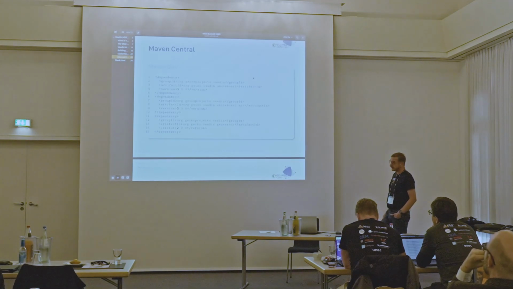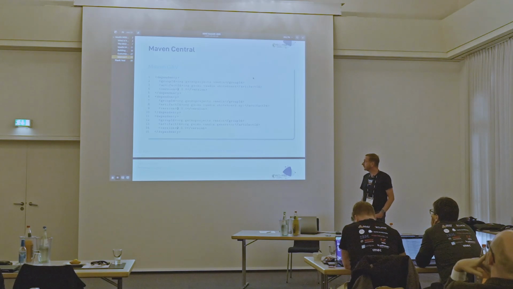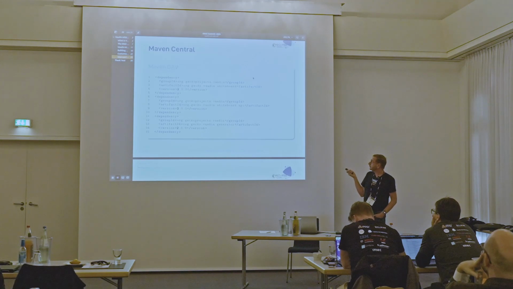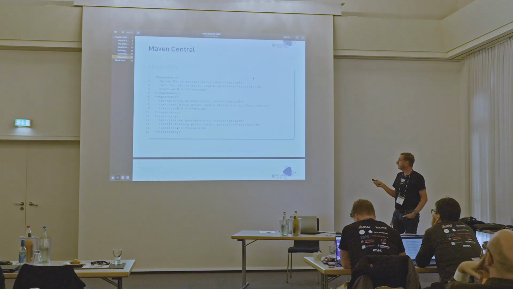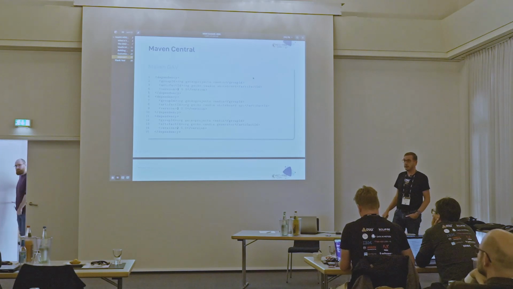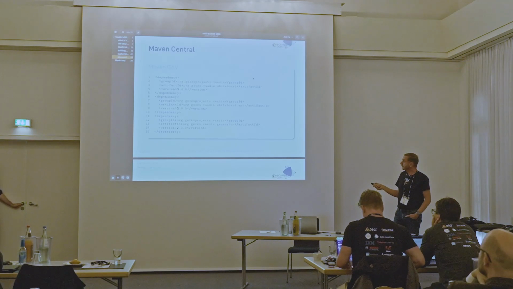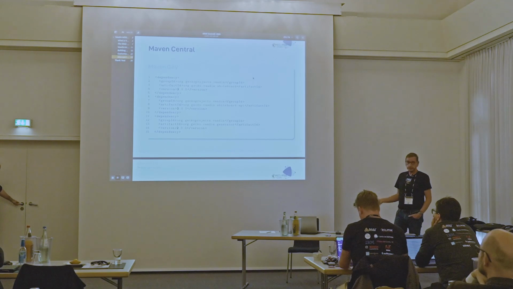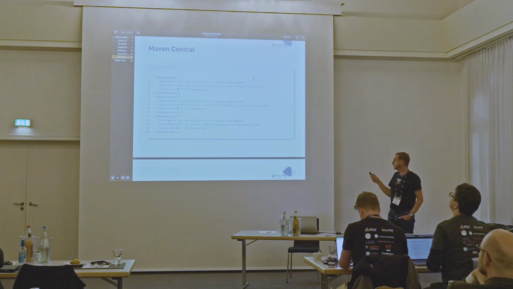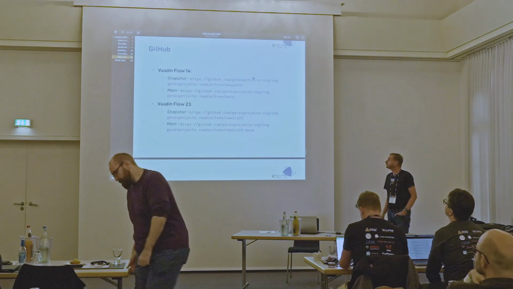Okay, then let's go to the practical section. You can try it out. You just need some artifacts, the Vaadin Whiteboard implementation and the API. It's available on Maven Central. And for the build support, for the generation support of front end, you just have to use the generator bundle.